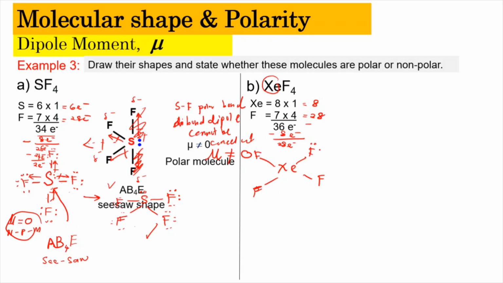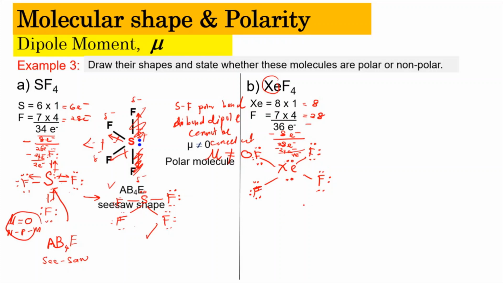So 1, 2, 3, 4, 5, 6 on each fluorine. So we have used up 24 electrons, and then we have 4 electrons balanced. The 4 electrons here will be placed at the central atom. 1 and 2 here, and then 1 and 2 here.